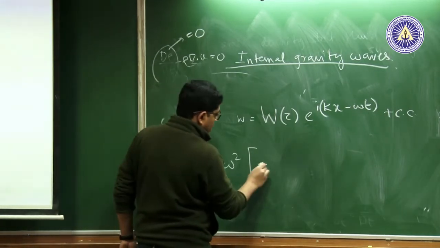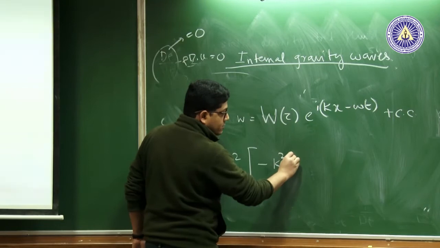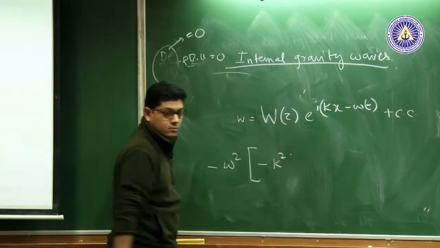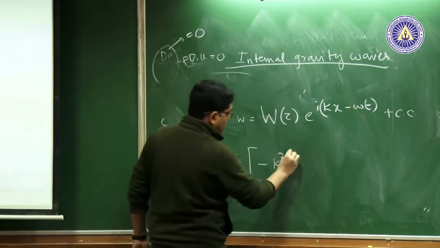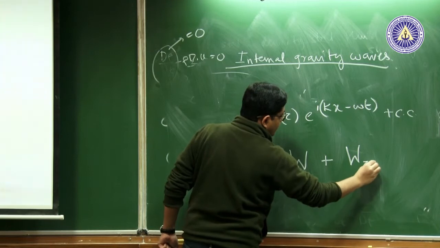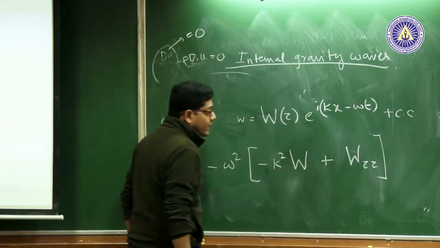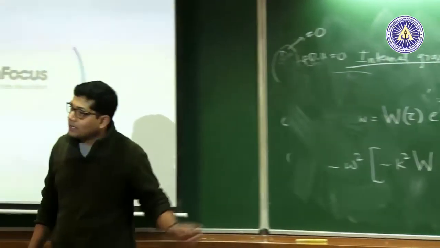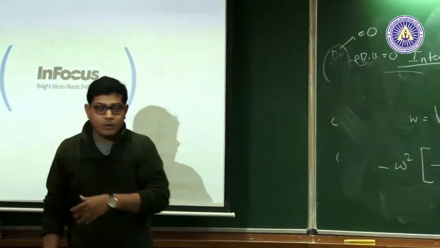Okay. Minus k square, and here and here call it W double Z. Everything is multiplied by e to the power i(kx minus omega t), but that is non-zero, so you can throw it away.